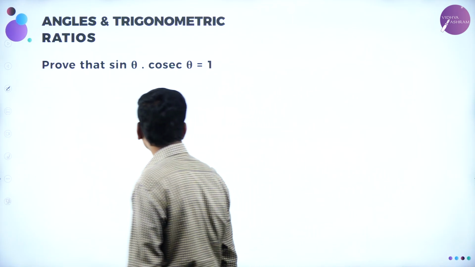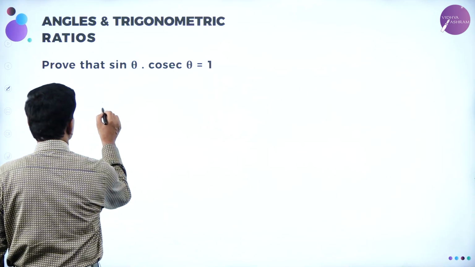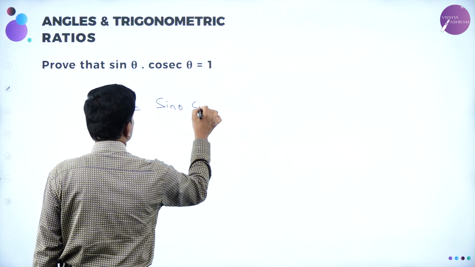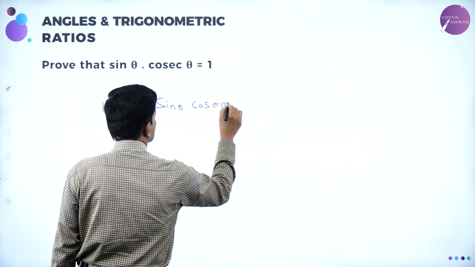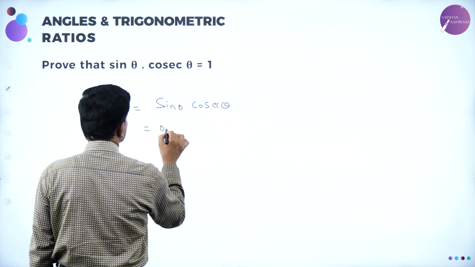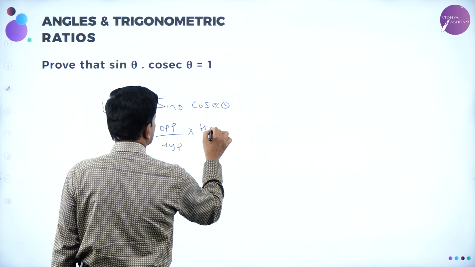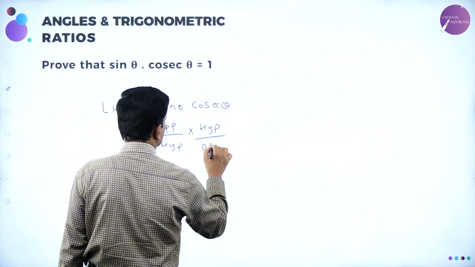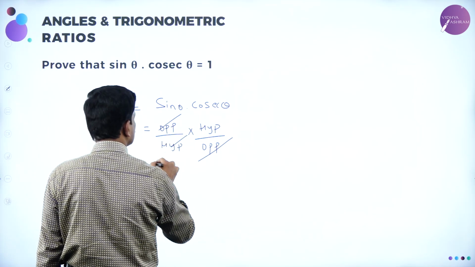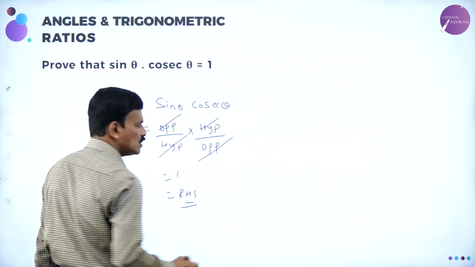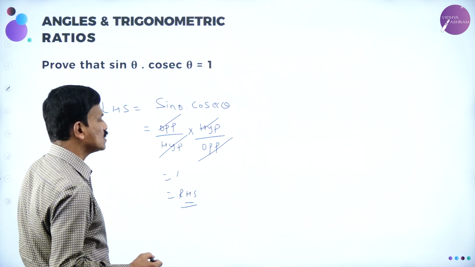Now prove that sin theta into cosecant theta is equal to 1. Let us take LHS. LHS is sin theta into cosecant theta. Sin theta is equal to opposite by hypotenuse and cosecant theta is equal to hypotenuse divided by opposite. Opposite and hypotenuse get cancelled, which is equal to 1, RHS. So sin theta into cosecant theta is equal to 1.